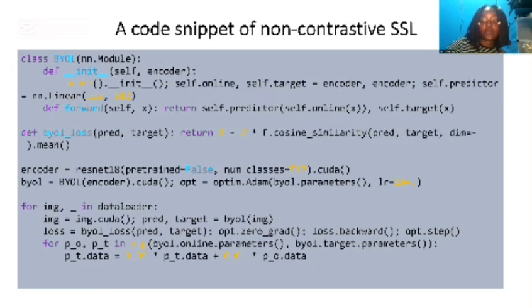It's the momentum update for the target network. Instead of backpropagation, this target network updates slowly using the online network. The update follows this formula here. So yeah, I think that's it.